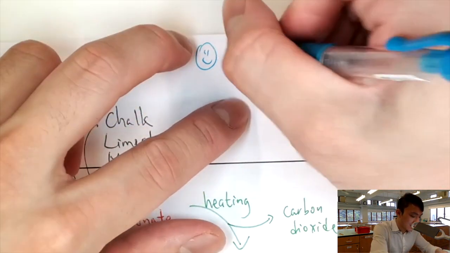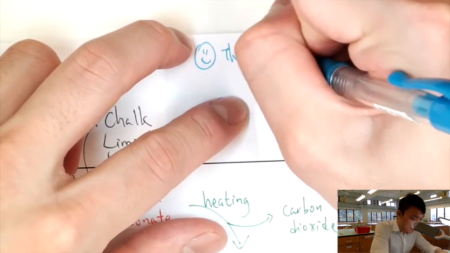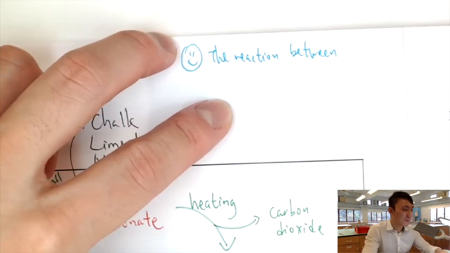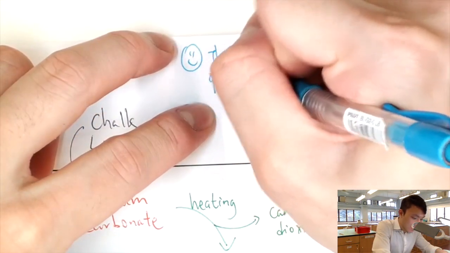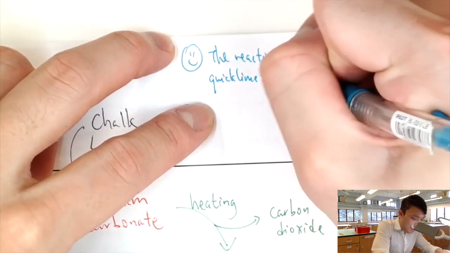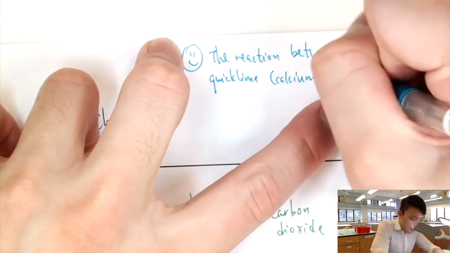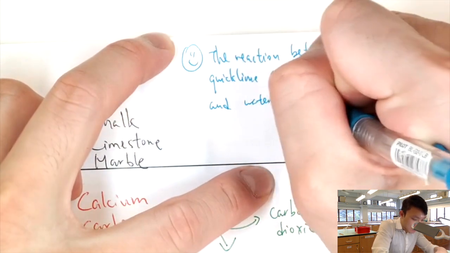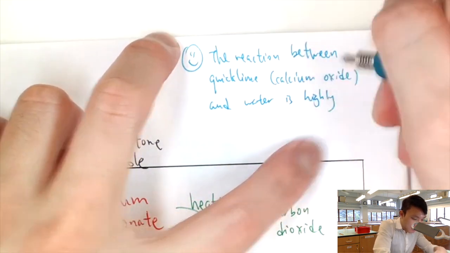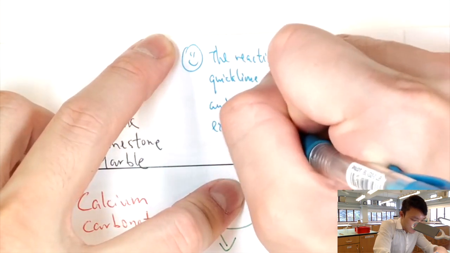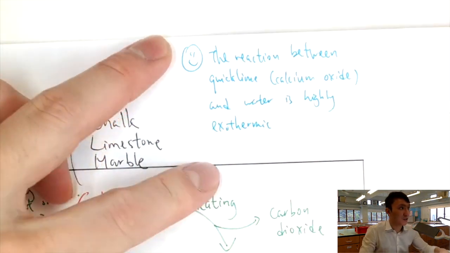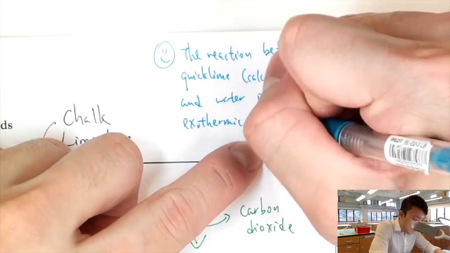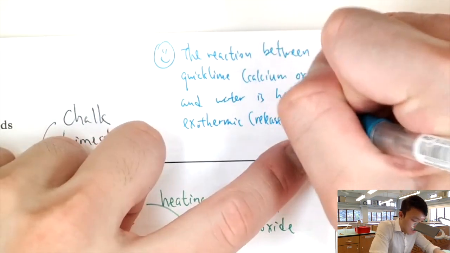We say that the reaction between quicklime, which is the calcium oxide, and water is highly exothermic. Now, what do you mean by exothermic? That means it releases a lot of heat.